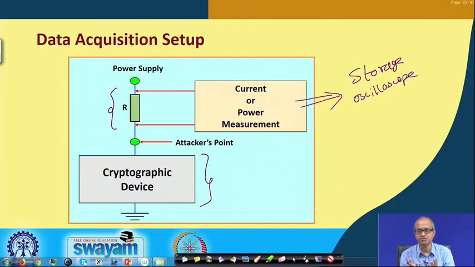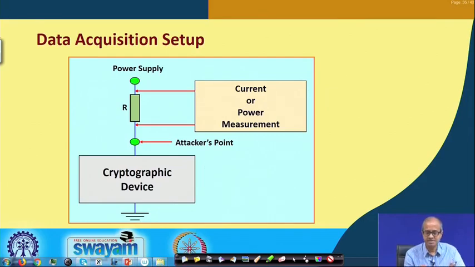What is a storage oscilloscope? A storage oscilloscope will read the values with respect to time and store them in memory, and will display the waveform on the screen. Storage means it is also storing in memory, so that you can do offline processing on that data if you want. Okay.